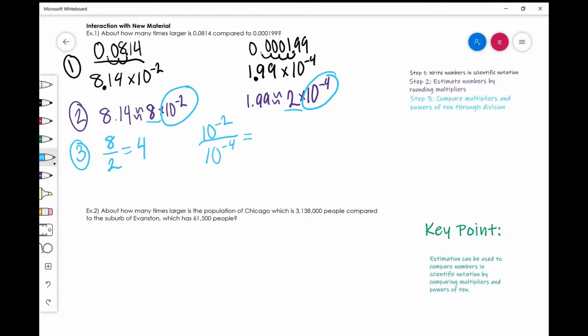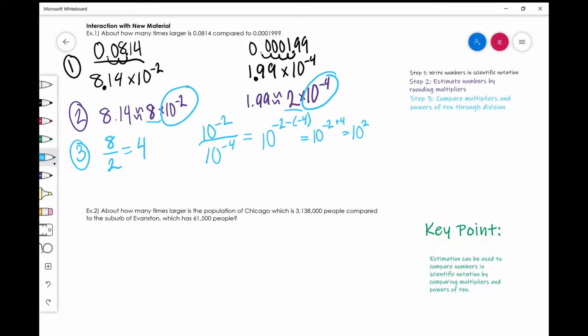Keep in mind that when we have our exponent rules, when we're dividing by a number with the same base, so in this case our base of 10, we're going to subtract our exponents. So I'm going to have negative 2 minus negative 4 as my exponent. That's the same as saying 10 to the negative 2 plus 4, which is equal to 10 to the power of 2.